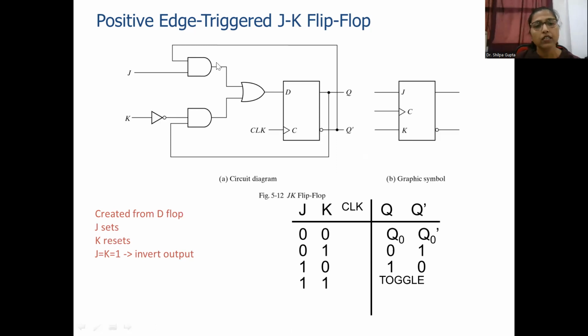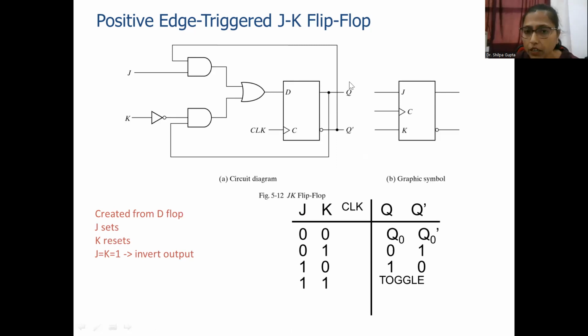Because K is equal to 0, K bar here, because an inverter gate is applied, would be 1. So this AND gate will provide this particular input, and this is Q. So here you will get Q. This 0 plus Q provides Q, and if it is Q at the D input, then it will provide Q only, because we know that the D flip-flop will be connected to the output directly. That means whatever is the input at this terminal would be provided at the output.